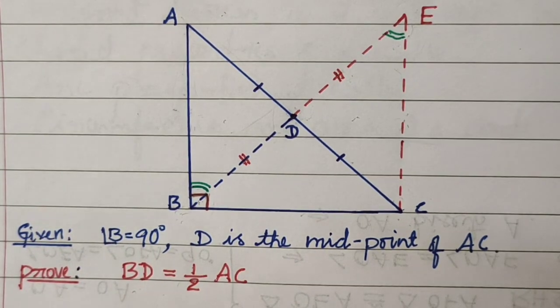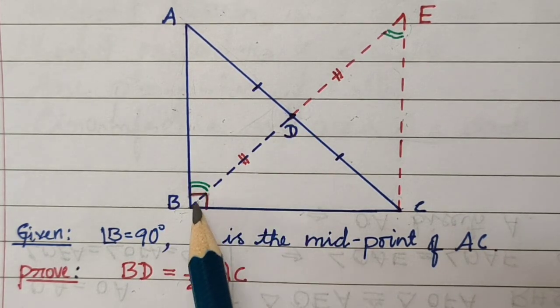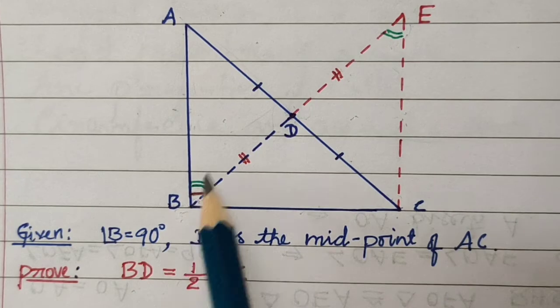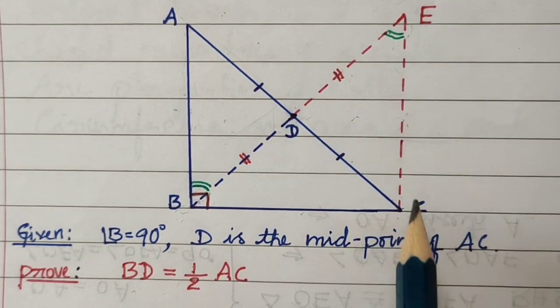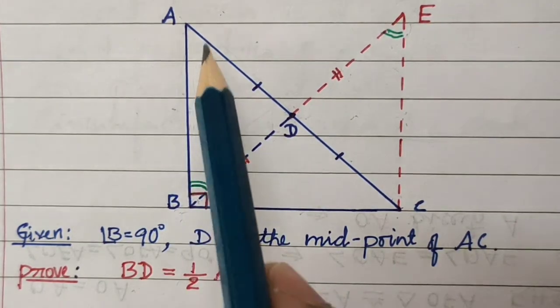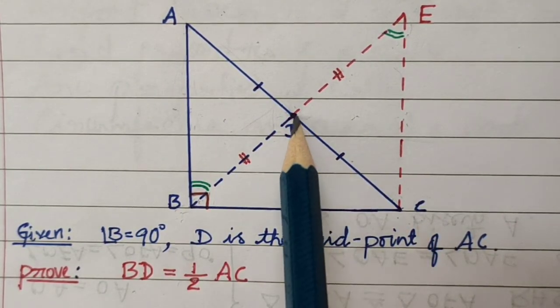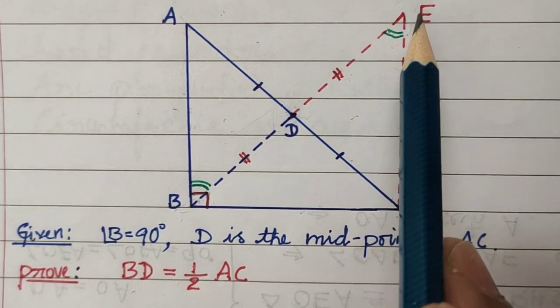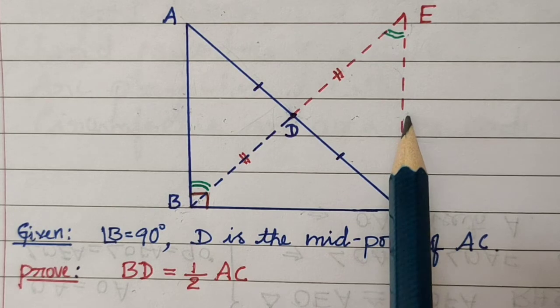Let us summarize what we did. We first extended BD till E so that BD is equal to DE, and we joined EC. Then we proved triangle ADB is congruent to CDE. Then we proved AB is parallel to EC.